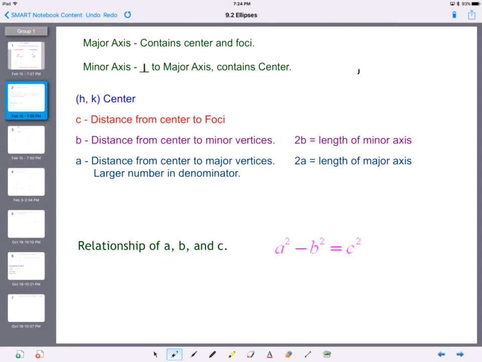So this right here contains the center, the foci, and the major vertices. And the minor axis is perpendicular to the major axis. It contains the center and the minor vertices.